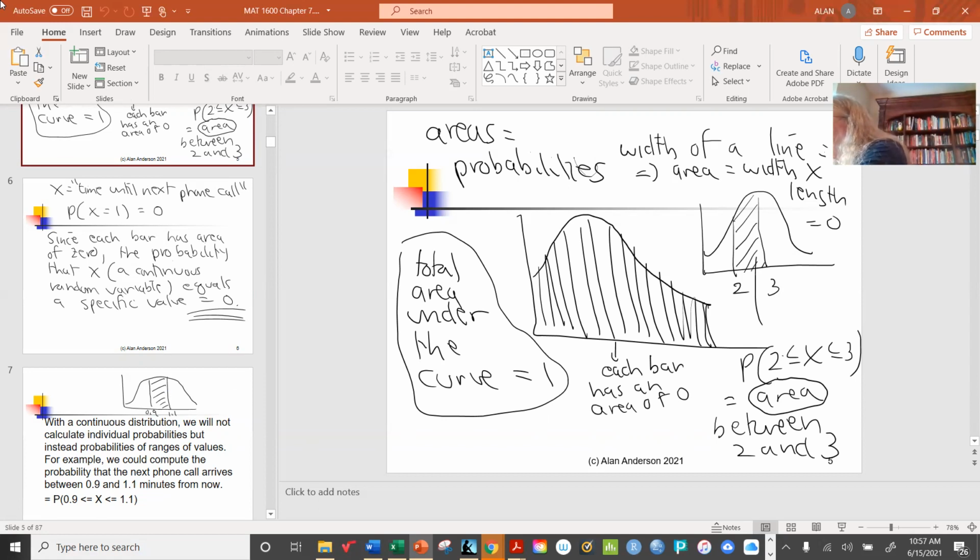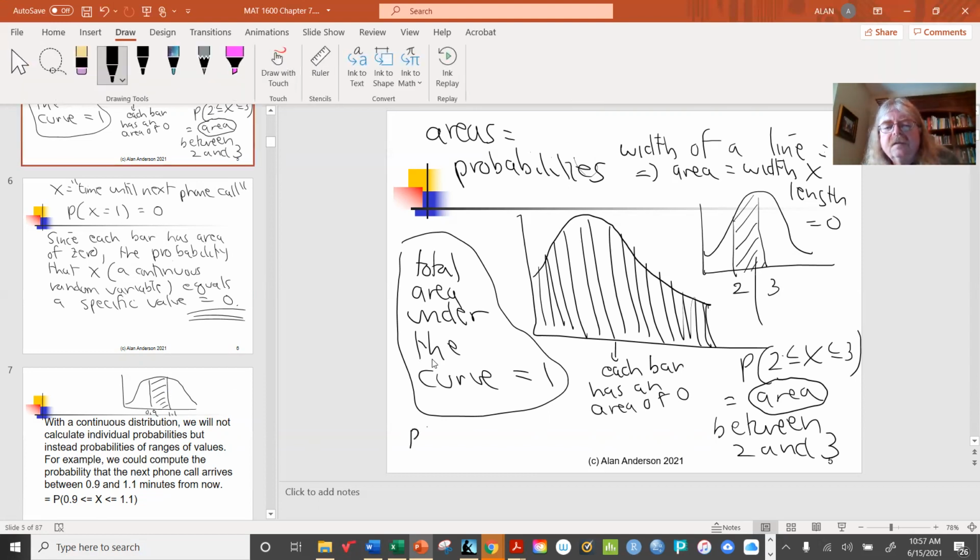We can calculate the area between those two, but the probability that x is exactly equal to 2 is 0. And the probability that x is exactly equal to 3 is 0. So while we can't calculate these individual probabilities anymore, what we can do is find the probability that x is between the two of them. And that comes from this area.